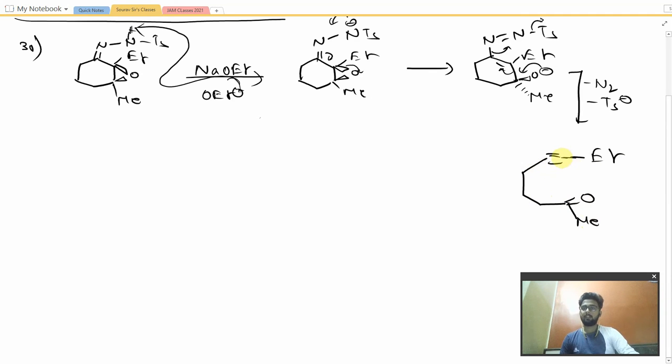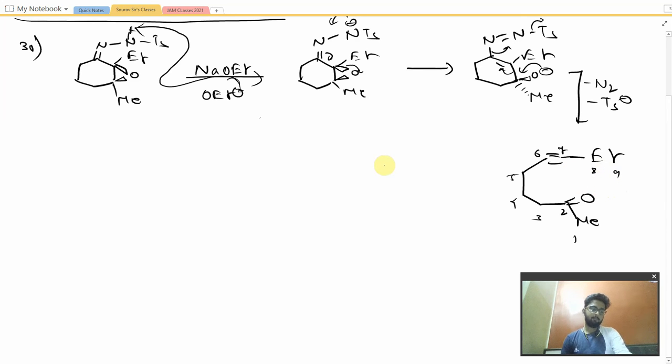There is not a gap in between, this is a single bond. Let us count the number of carbons in this case. So 1, 2, 3, 4, 5, 6, 7, and Et has 8 and 9. Two carbons are there. Let me just write them 8 and 9.